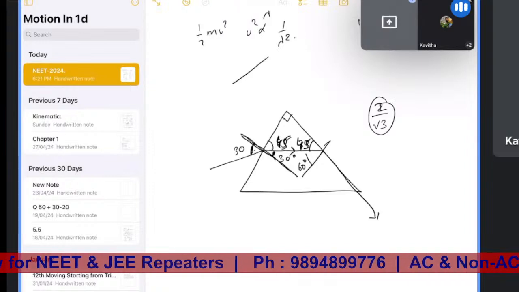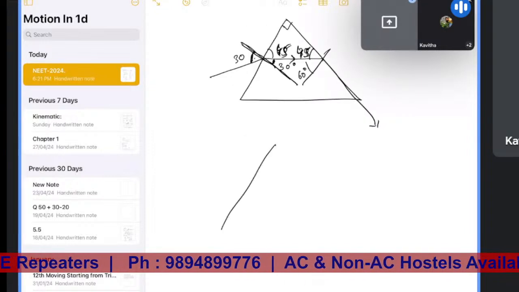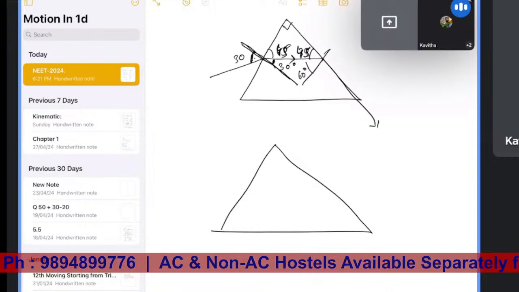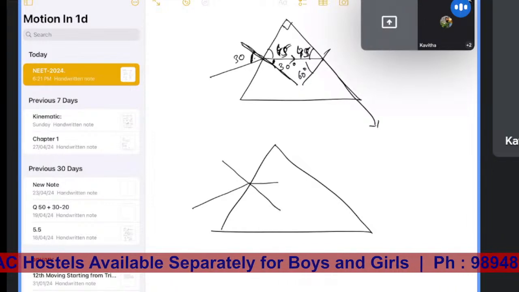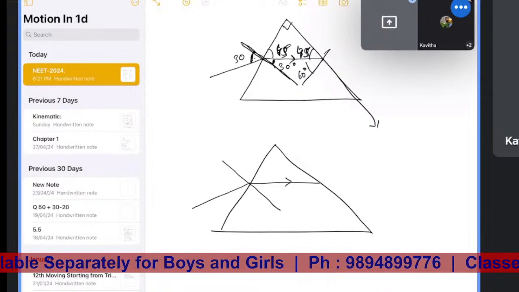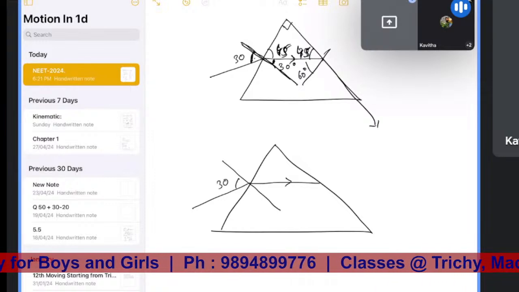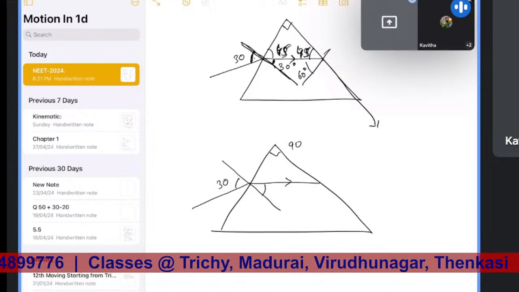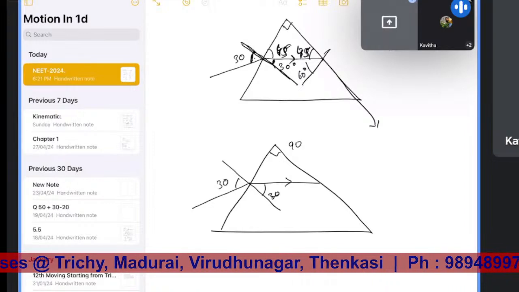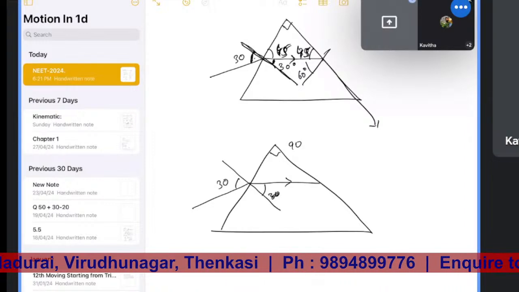So I'm not able to picturize how it is. Let me see once again how it is. So this is 30 here. This is the normal. So after refraction, it is going parallel. So if this angle here is 30 degrees, this is 90, this is normal. So this need not be 30 degrees.